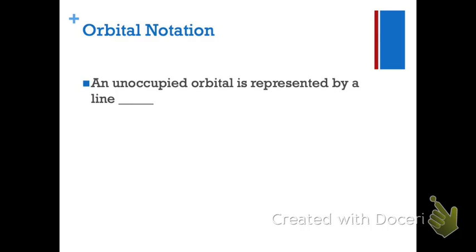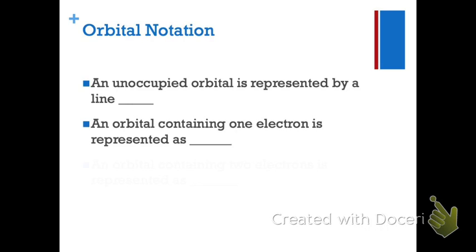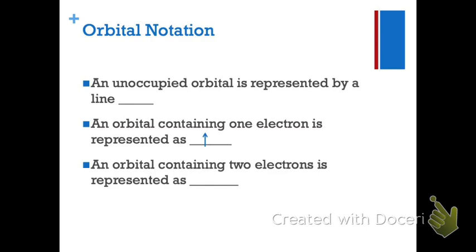All right, so in orbital notation, we're going to draw out our individual electrons. If we see a line with nothing on it, that's considered an unoccupied orbital. It means it has no electrons in it. If we see a line with one arrow, that means it's got one electron in it.